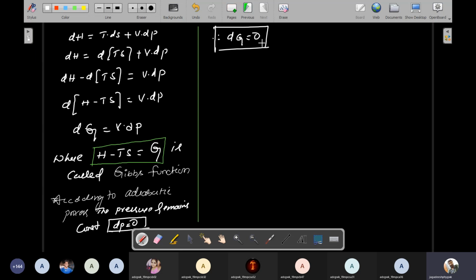So the change in Gibbs function at constant pressure is always equivalent to 0. So therefore, G remains constant during an adiabatic process.